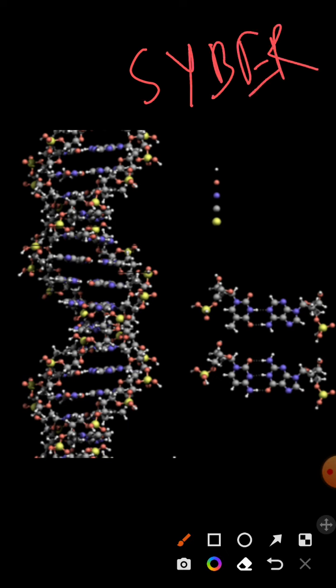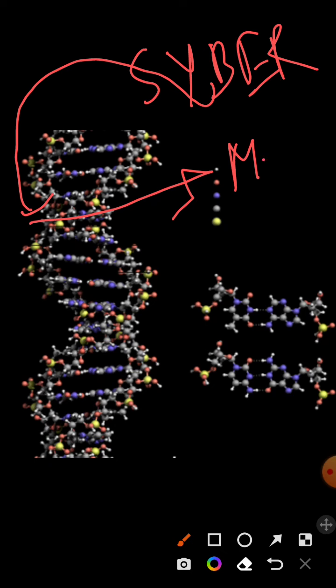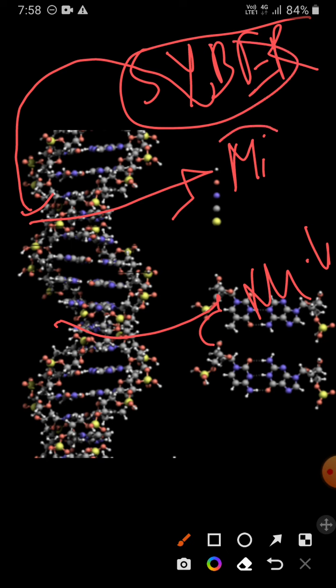Here we have also added SYBR Green in the solution. This SYBR Green will bind with this portion. This portion is commonly known as the minor groove and this is known as the major groove. So our SYBR Green dye will bind to the minor groove of the double stranded DNA and give fluorescence light.